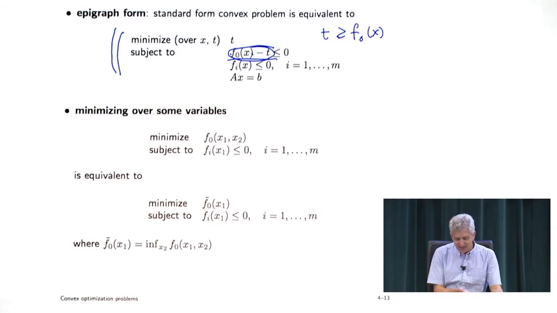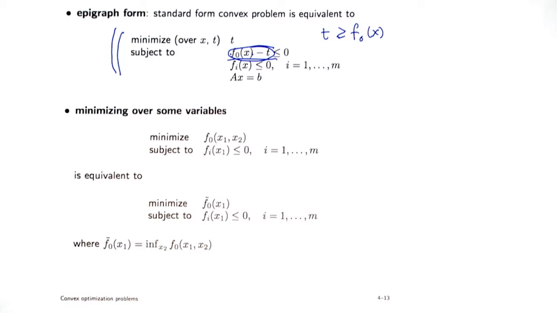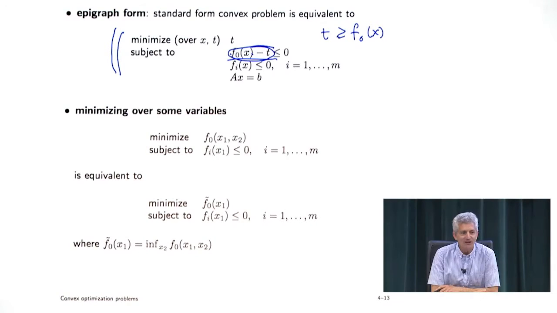Now, you might say, this is ridiculous. But if you take a good look at this, it's very interesting. Some people say that this objective is universal for convex optimization, because this objective is linear. I mean, t is a linear function of (x, t).